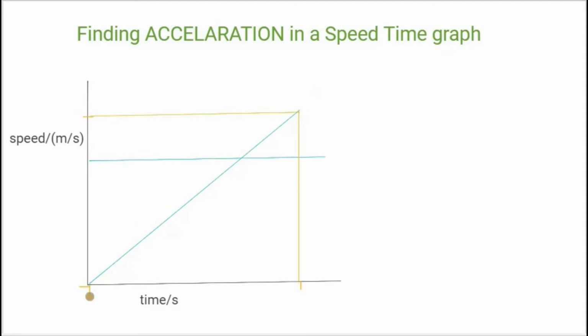So there's v, u, and t, the whole of the x-axis labeled t.